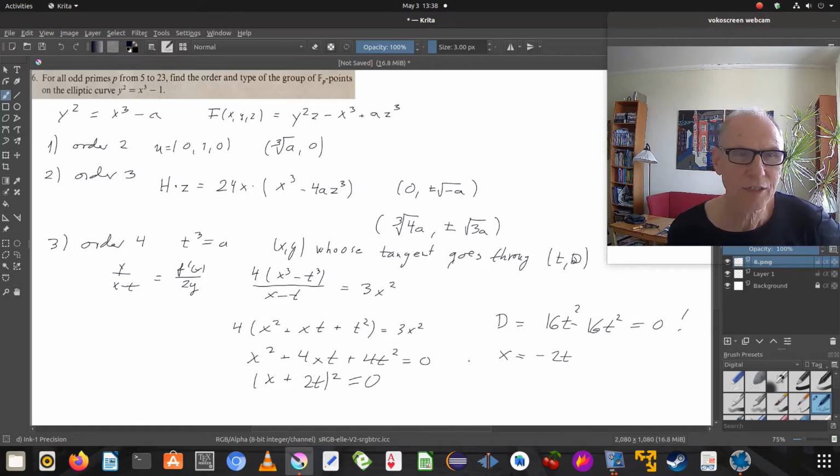And if x is minus 2t, then y squared equals minus 8t to the 3rd minus a. t to the third was a, so that's minus 9a.